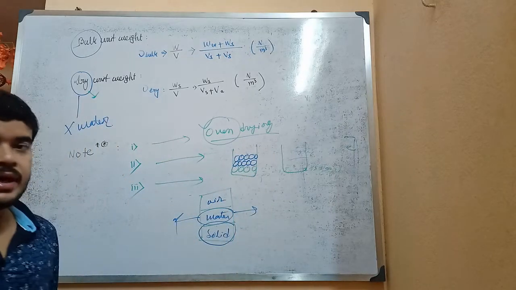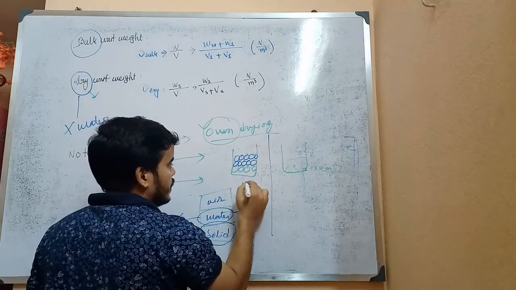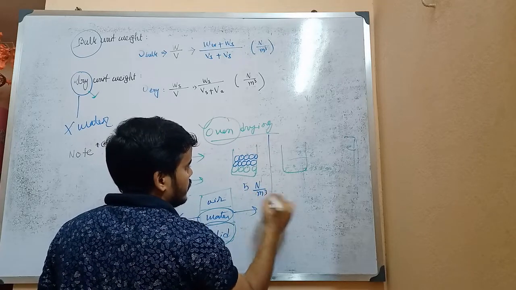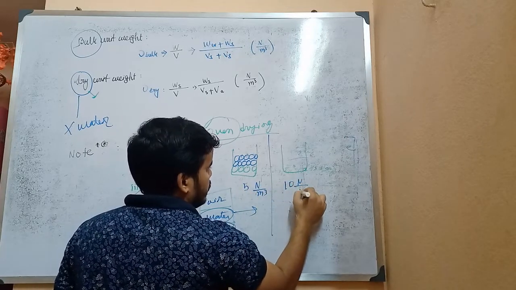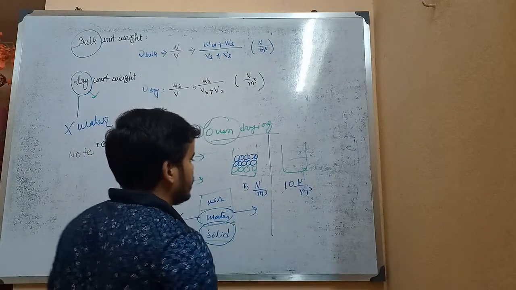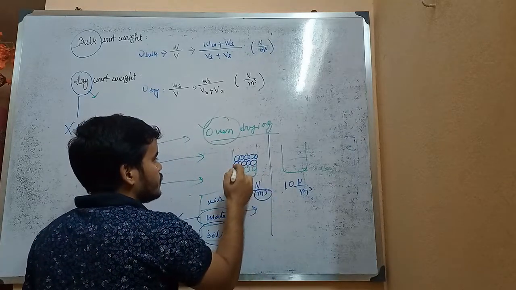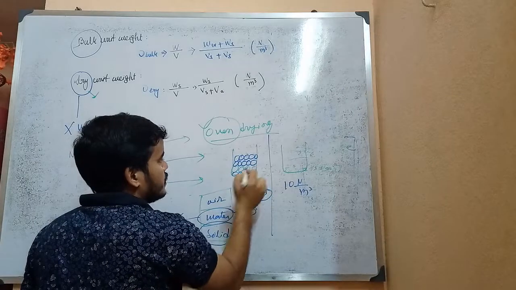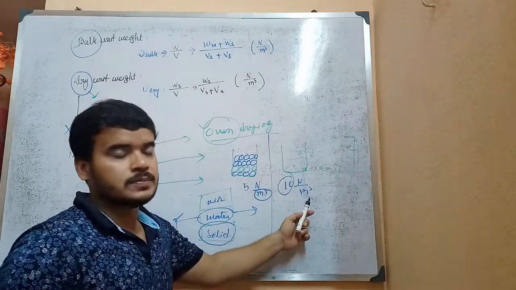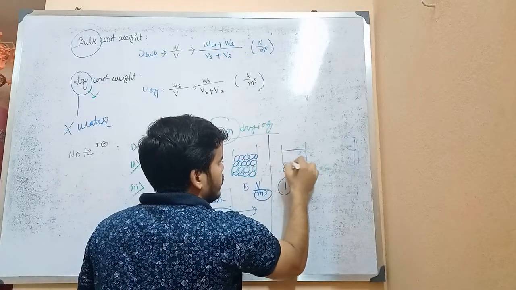So if gamma dry value is more, let us guess that here it is 5 Newton per meter cube, here 10 Newton per meter cube. That means in 1 meter cube space 5 Newton of solids are there, but here the value is 10. In 1 meter cube space, the denseness will be more here.